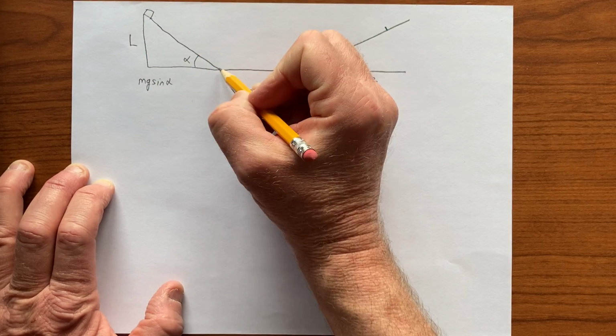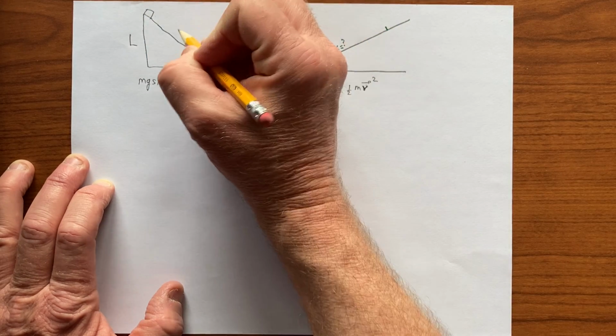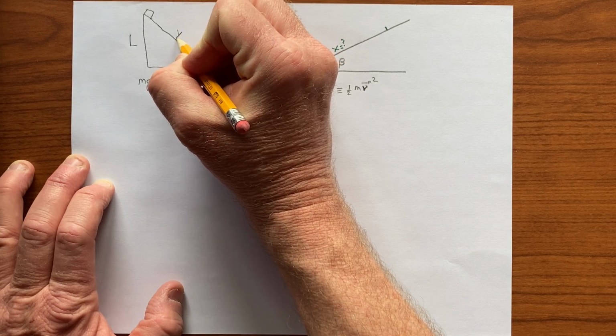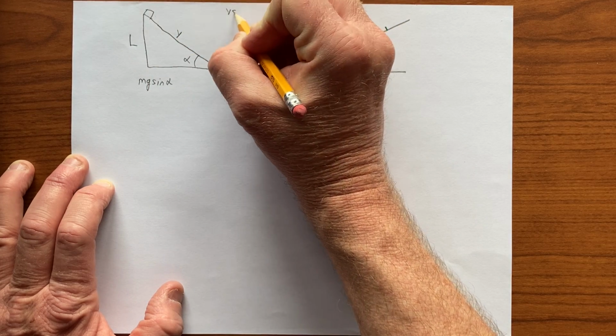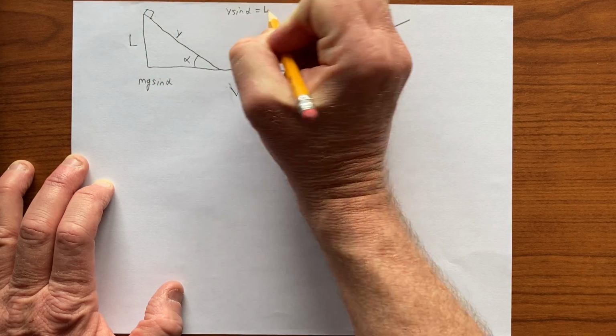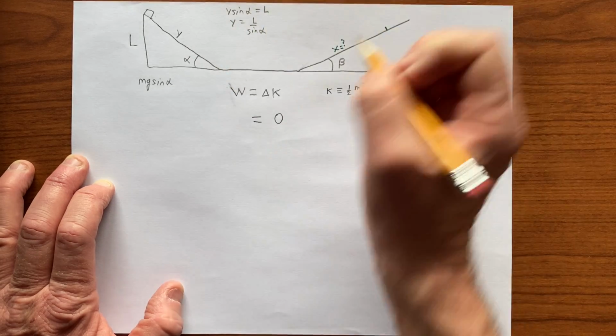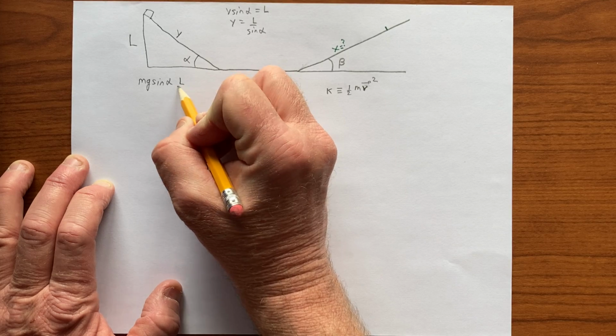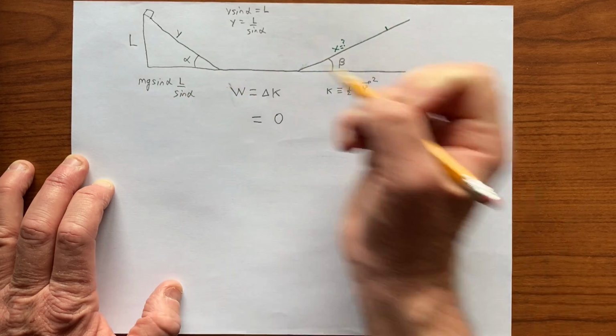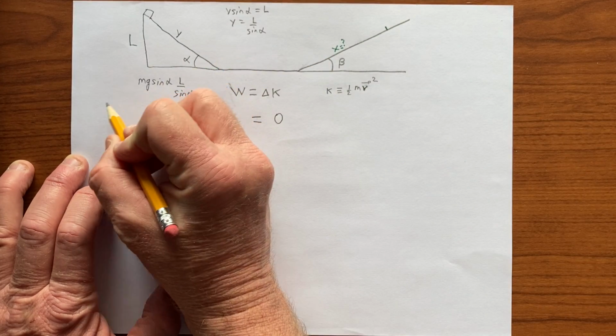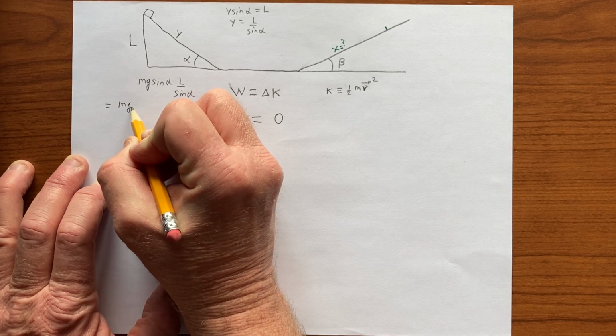the length along the incline here is, I can call it y, but of course y sine of alpha is equal to L, and so y is equal to L over sine of alpha. So I'll put L over sine of alpha. That's the work, but that's equal to mgL.